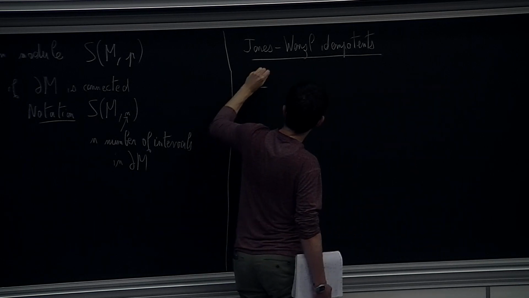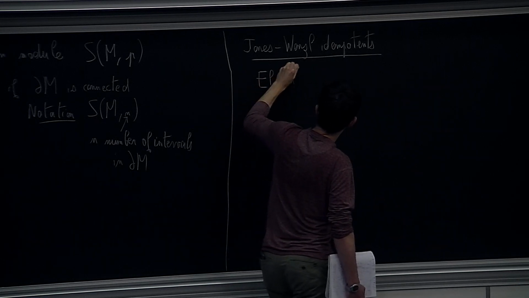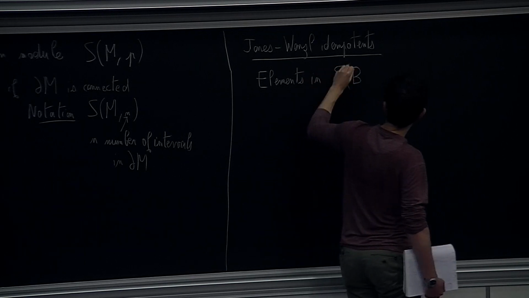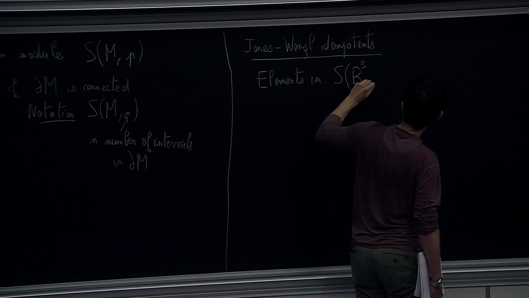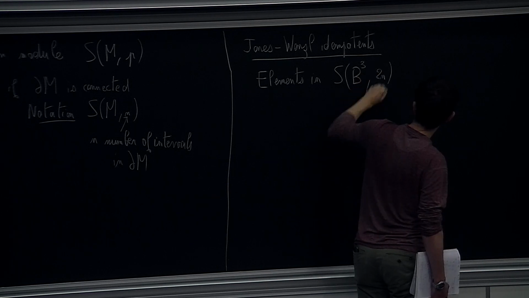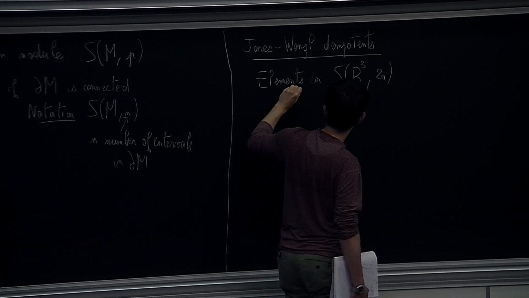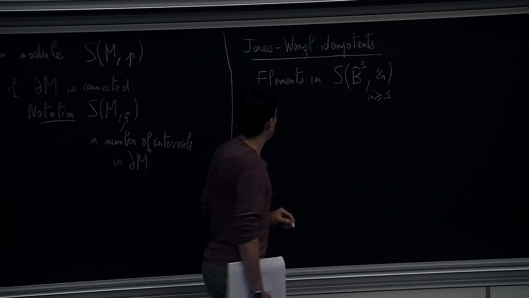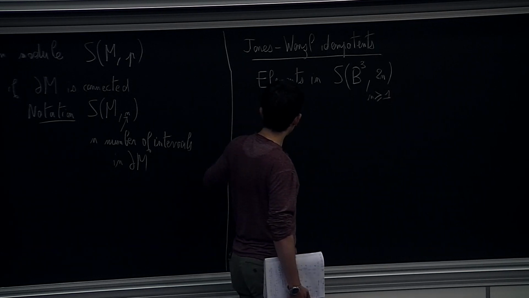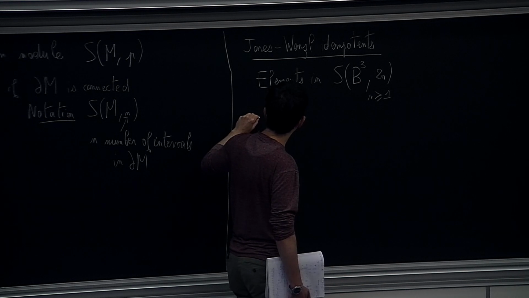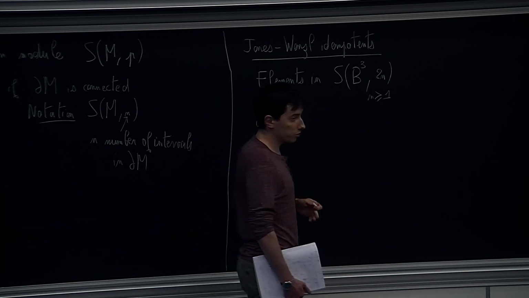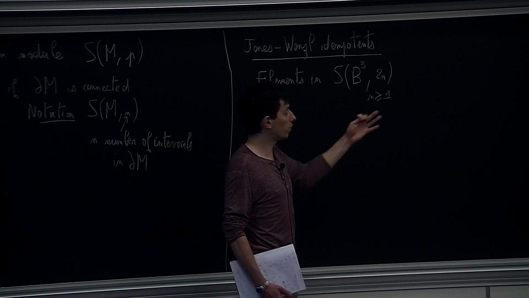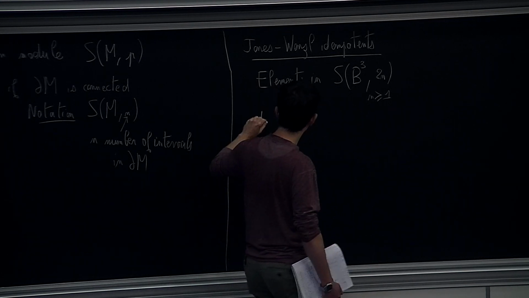So which are elements in the skein module of the ball with 2n endpoints on the boundary, where n is at least one. So they are defined by the following recursion and will be helpful for computation later, which is why we are defining them.